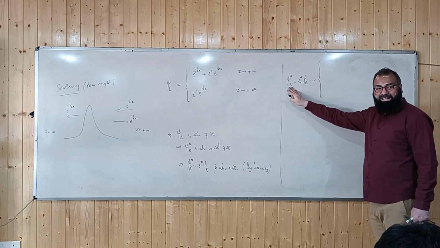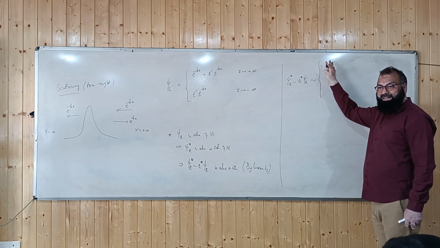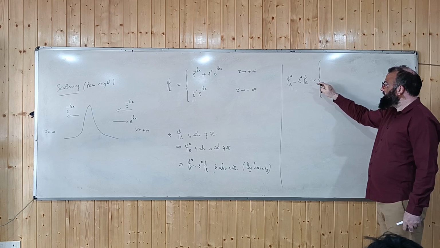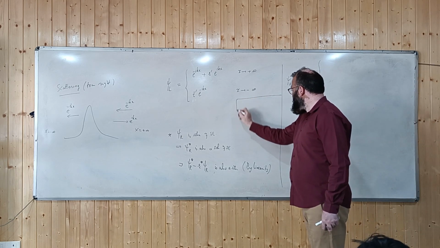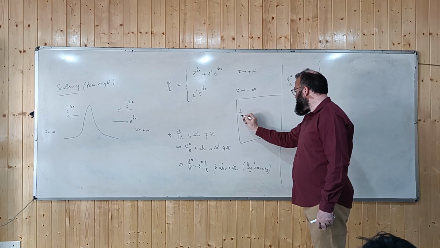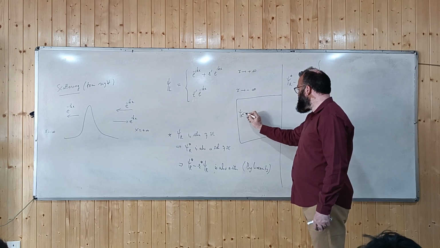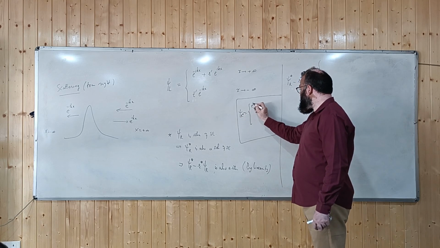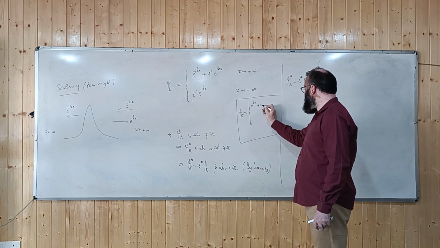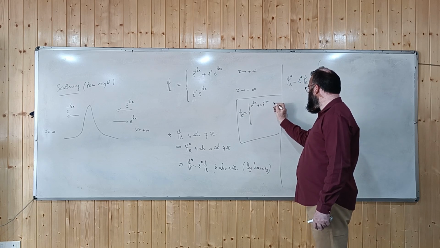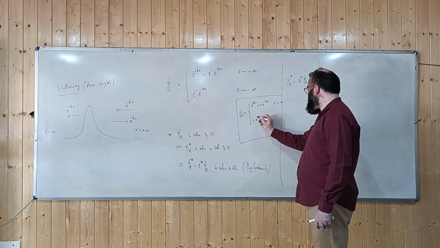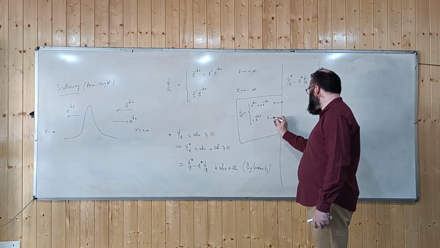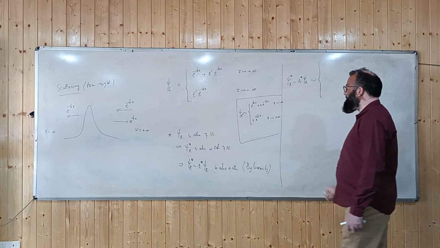What was our psi r? Let's look at the x equal to minus infinity region. So let me write psi r for you here: e raised to the power i kx plus r e raised to the power minus i kx, as x tends to minus infinity, and t e raised to the power i kx, as x tends to plus infinity. Now let's take this very quantity.